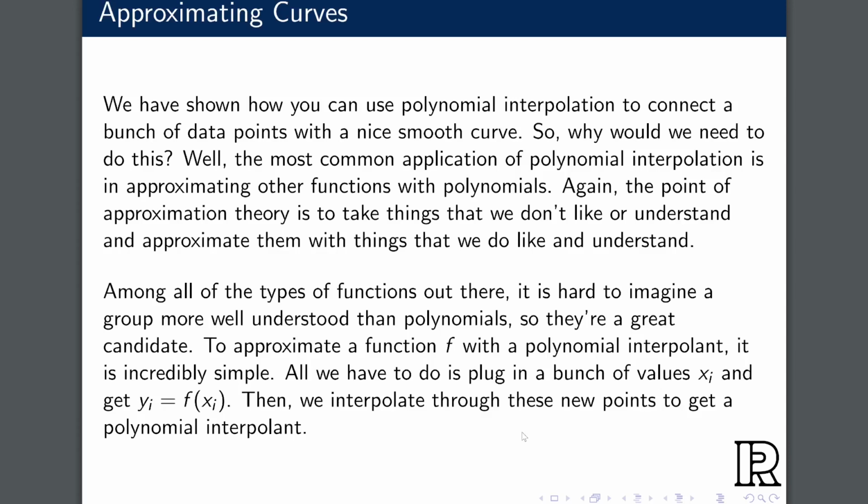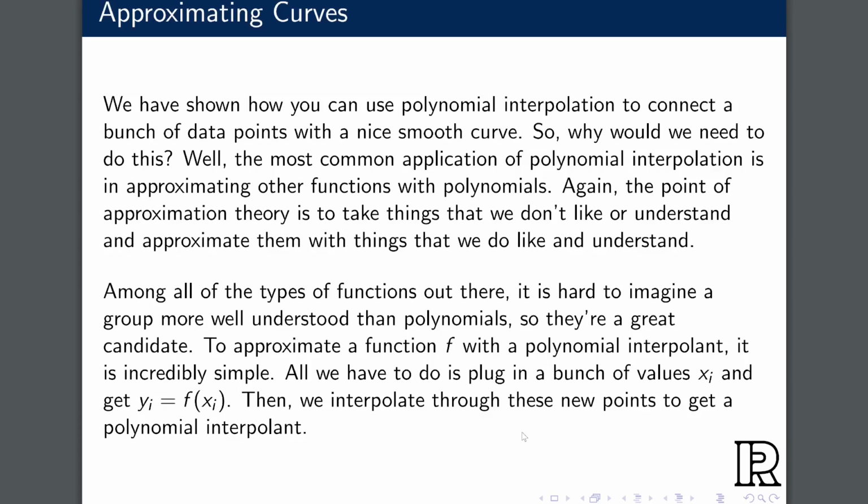You plug in a bunch of values of xi to get some yi's, and then you interpolate through those points using the barycentric interpolation formula. For the barycentric interpolation formula, all you need to save are the xi's, the yi's, and the wi's. With those three lists of numbers, you compute the interpolant every time. You never need to compute the coefficients. You never need to write down the polynomial in any other form. You can just save those three lists and evaluate the polynomial interpolant cheaply and stably every single time.